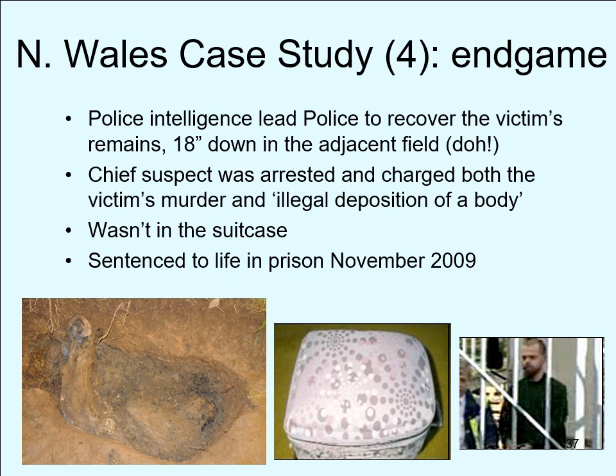So he was not only arrested and convicted of her murder, but also of the illegal deposition of her body. If you didn't know, preventing a lawful burial is another crime. There was some suggestion she may be in a suitcase or wrapped. We weren't sure, because he'd bought a suitcase recently after she disappeared, but she wasn't in that, and he was sentenced to life in prison.